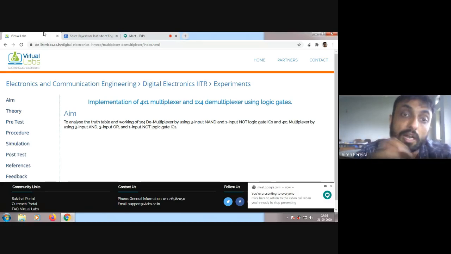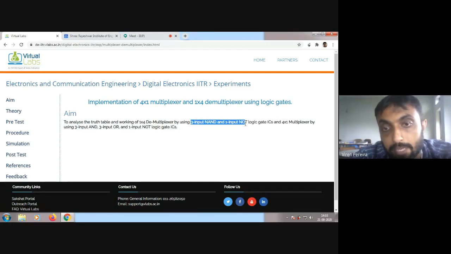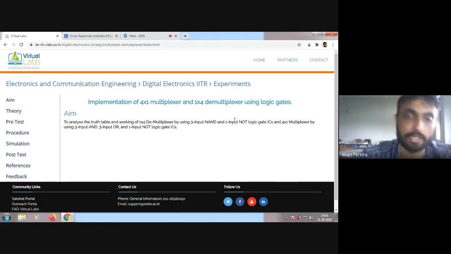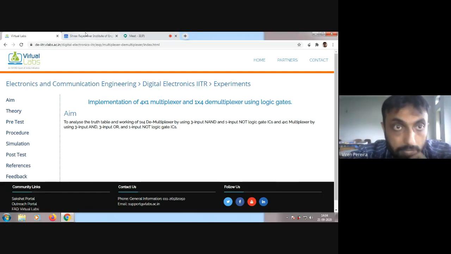But if you are designing the multiplexer, then we have to basically use 3 input NAND and 1 input NOT logic gates. You can make the multiplexer using these logic gates as well. So you can have that IC, or you can have this. The IC is direct and will give you the output signals. So that is your multiplexer.